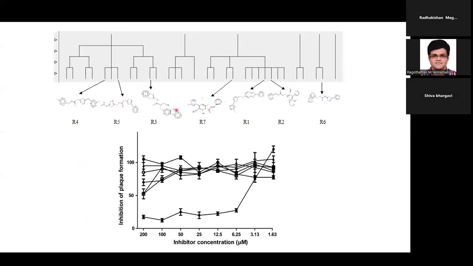Since we are going to order these molecules, it involves money, and we need to purchase molecules that are completely different in nature, in chemical diversity. So why is this important? For example, let us say R4 and R5.